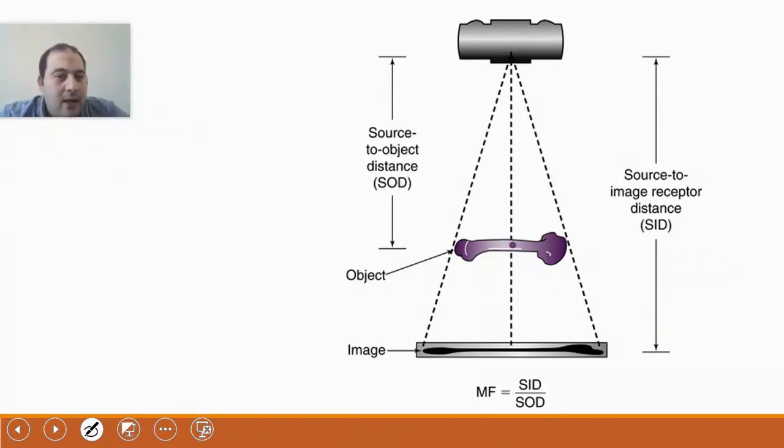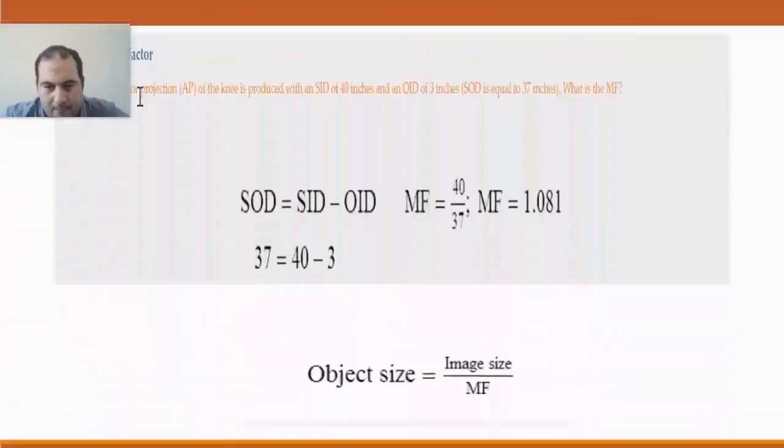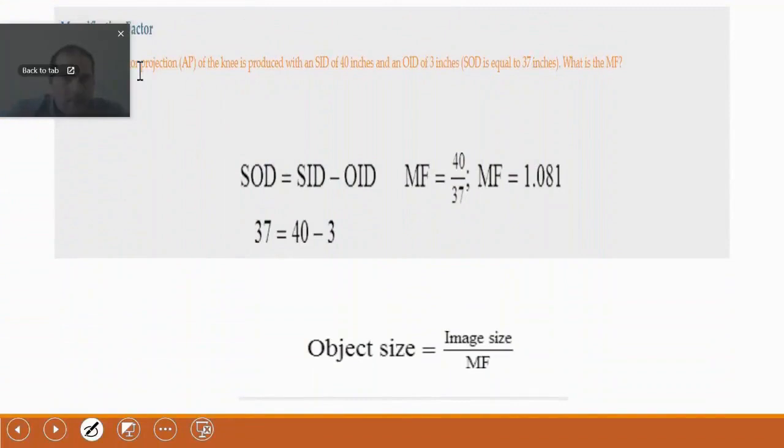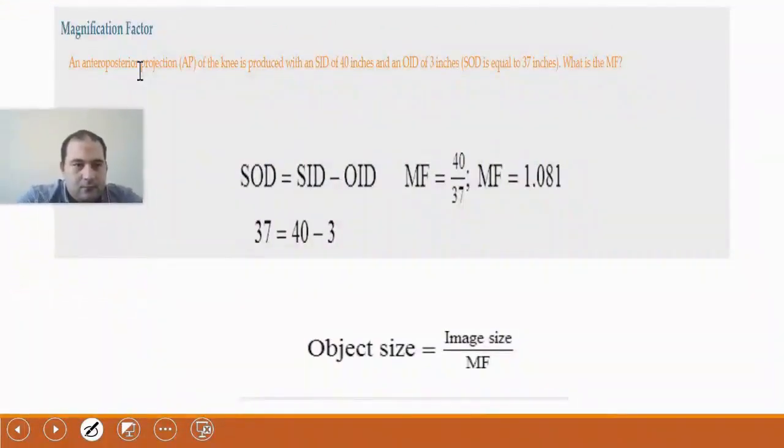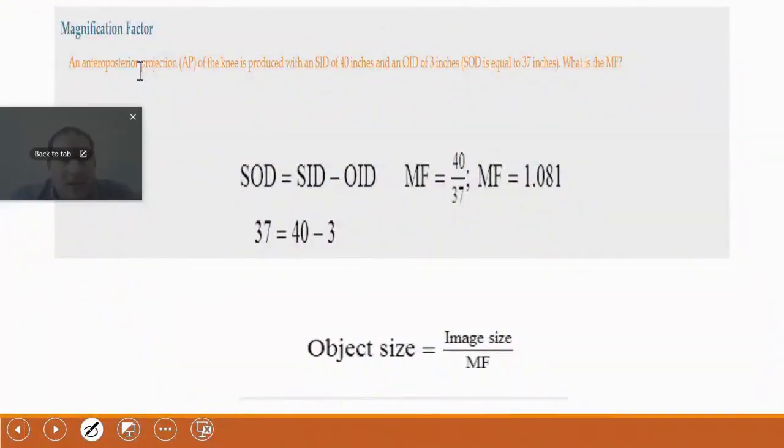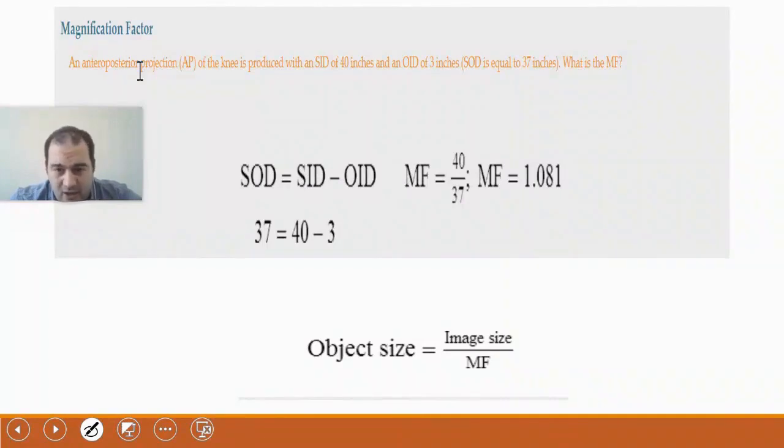For example, this is an AP projection for a knee case with a source to image distance, SID, of 40 inches and an object to image distance, OID, of 3 inches.